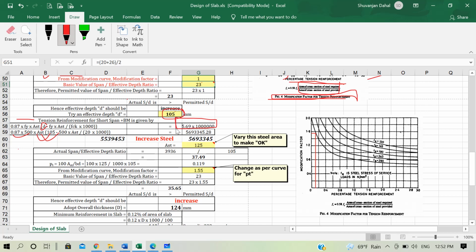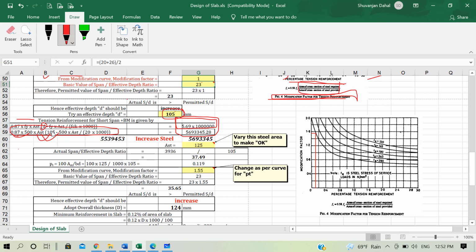We got our positive bending moment to be 5.69 kilonewton meter. Now we have to determine the bending moment capacity in such a way that the capacity calculated from this formula is always greater than this bending moment here.